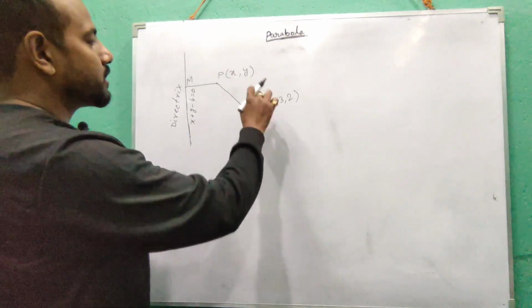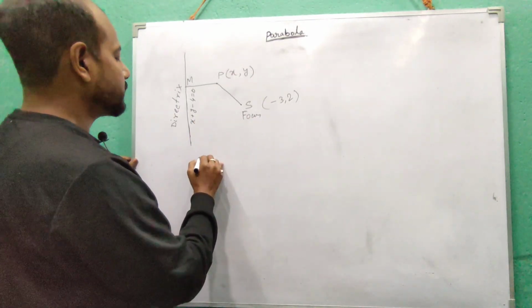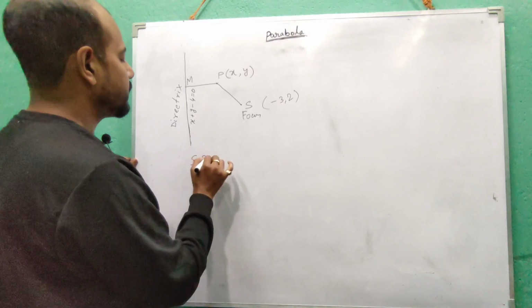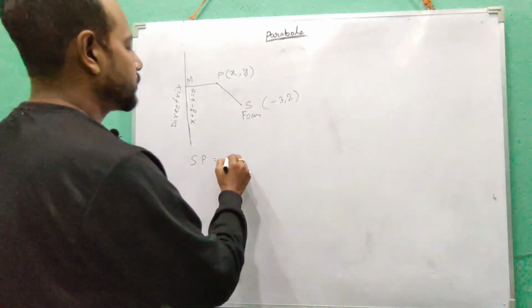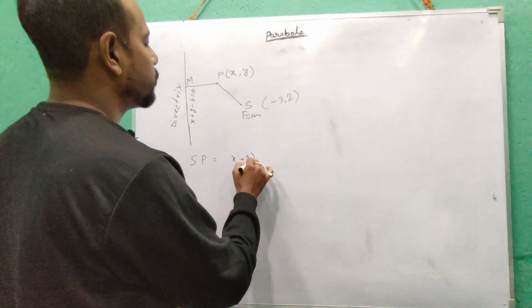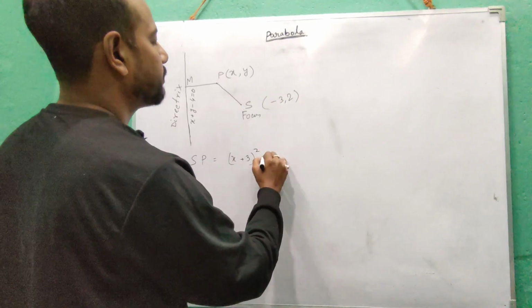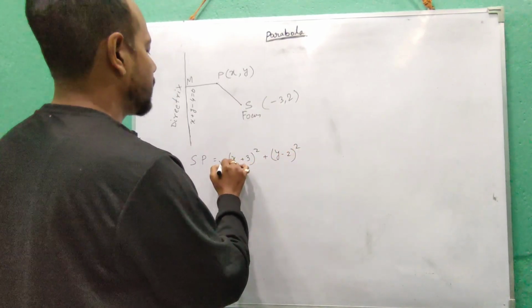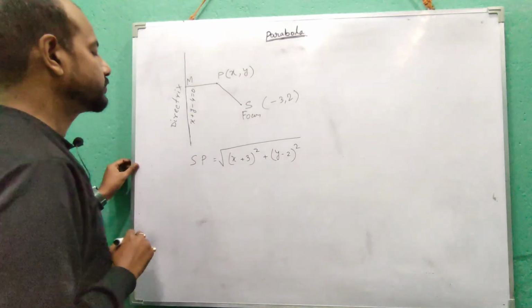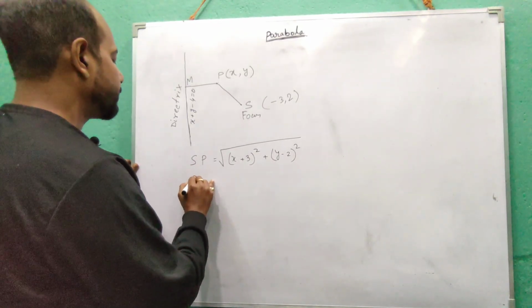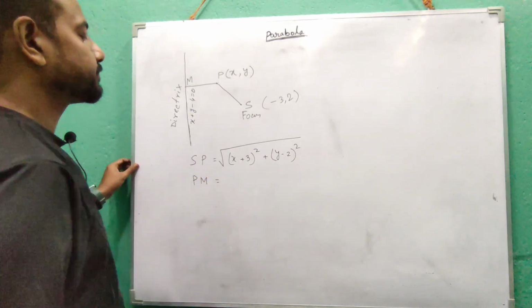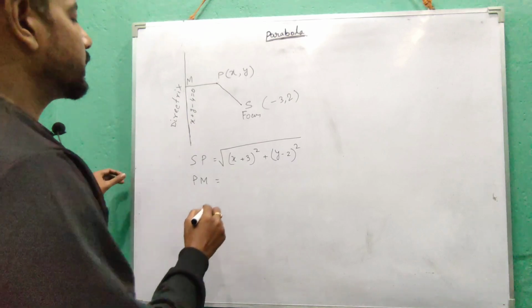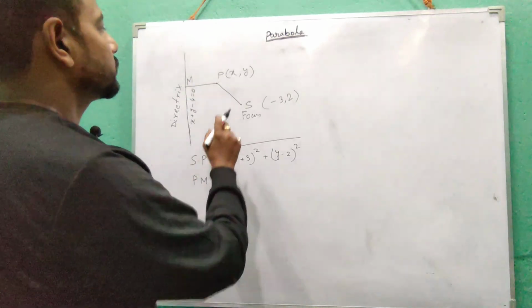See, the distance SP equals the square root of (x plus 3) whole square plus (y minus 2) whole square, and PM equals the perpendicular distance to x plus y minus 4 equal to 0.